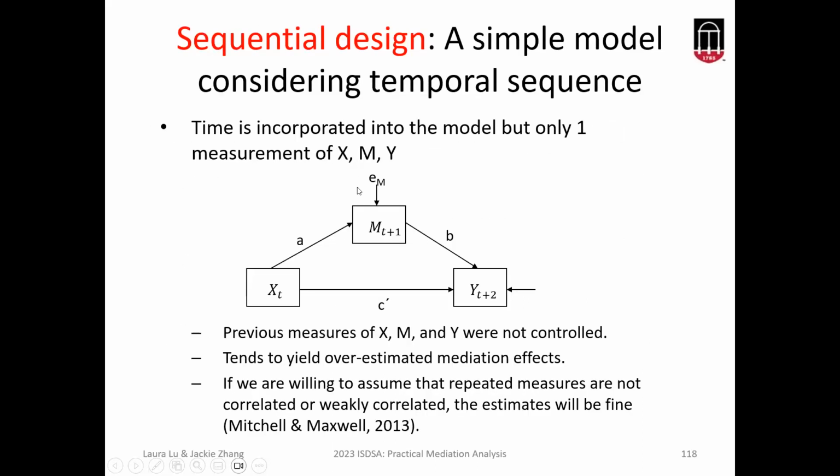So if we use the sequential design, for example, X is measured at T, M is measured at T plus 1, different time points, and Y is measured at T plus 2, again a different time point. If we just use this mediation model, of course, we have some result, but that result is not accurate because we didn't consider the time points.